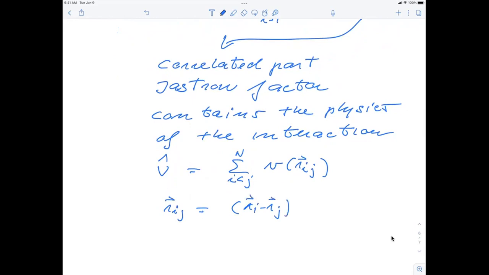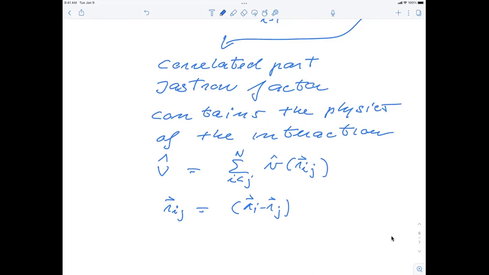So that's the relative distance. So most interactions which we are going to deal with depend on the relative distance between the objects. So our total interaction is going to be the sum over all the interactions between two and two particles.